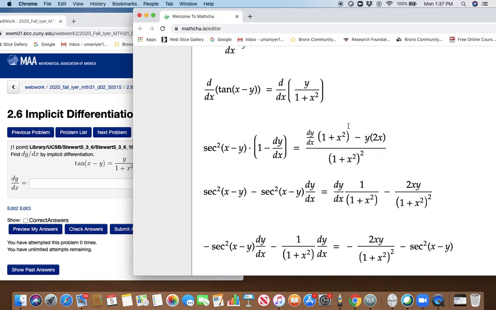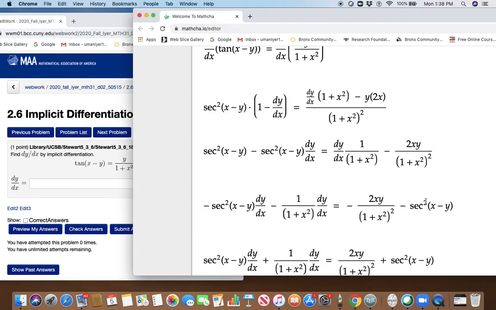So one of the factors cancels this factor, minus, both of those factors survive. Once I do that, this and this should be brought together. So I have a negative secant squared. I bring that here, that gets me another negative 1 over whatever. I have negative 2xy over all that, and I move this to the other side, negative.